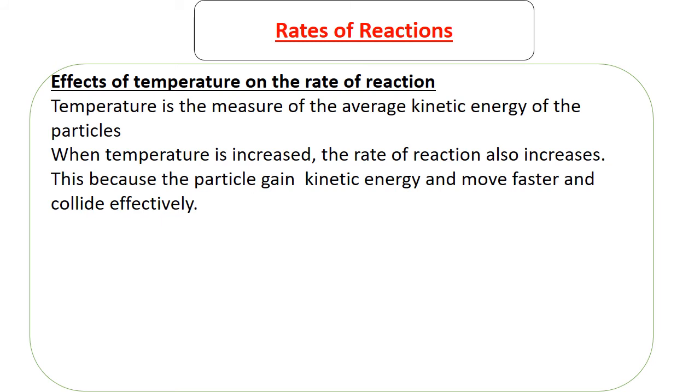When temperature is increased, the rate of reaction also increases. Why? This is because the particles gain kinetic energy and move faster and collide effectively. So they move faster, so they are going to collide effectively, and even the number of collisions is going to be increased because they are moving faster in a short time.